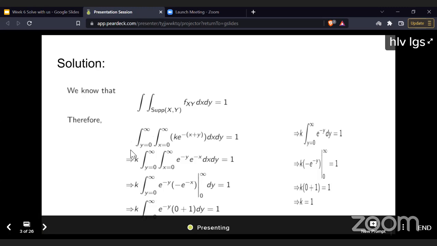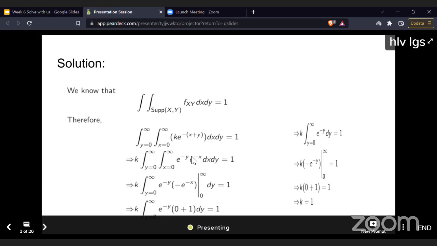This whole double integration should give us the probability equal to 1. Now, if we choose to integrate first with respect to x, since k is a constant, we can pull this constant term out, right? This is a basic property of integration. So we are putting this k outside, and first let's just do the integration with respect to x.